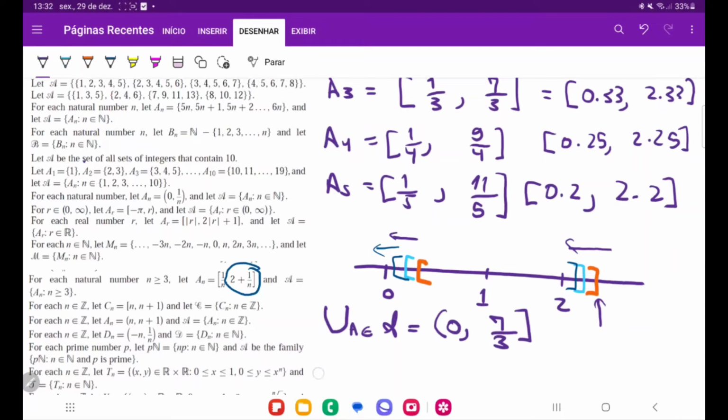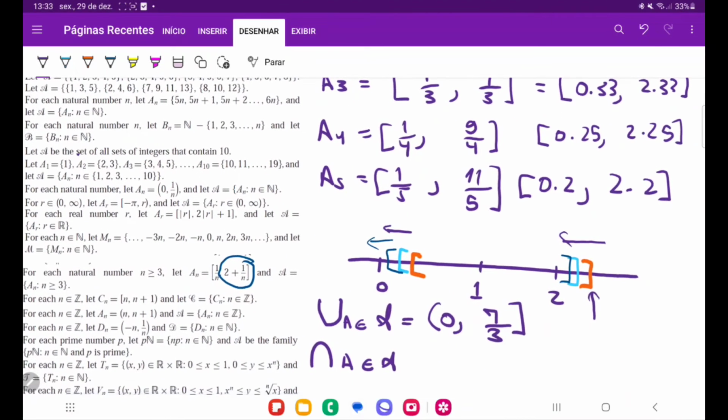And then the intersection of A_n. So what are the values that they all have in common? We can see here that the left-hand boundary is going to begin at 1/3, and the reason is that's the biggest one. The left-hand boundary begins at 1/3 and then moves closer and closer to the left.